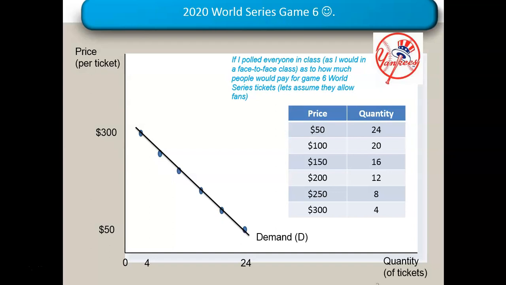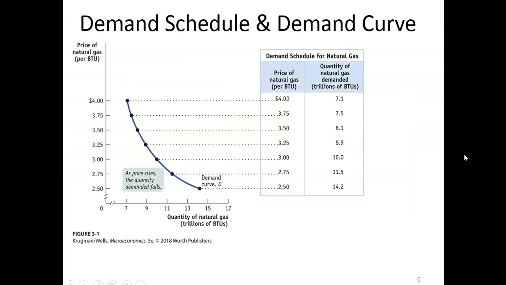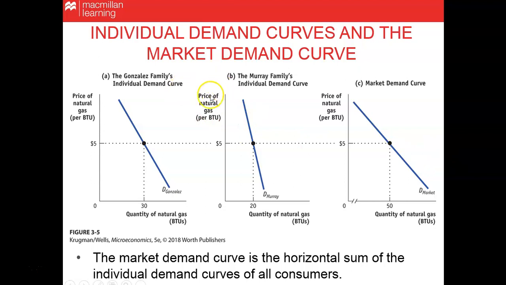Now that might sound cruel, but my wife would be so upset if I bought her a ticket for $300 of our money to go to a game that she doesn't value as highly as I would. But that kind of demonstrates how, at $50, maybe I'd want 6 tickets. At $150, maybe I'd want 4 tickets. At $200, maybe I'd want 2 tickets. And at $300, maybe I want 1. So that creates my individual demand curve.